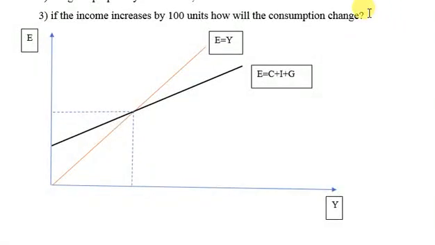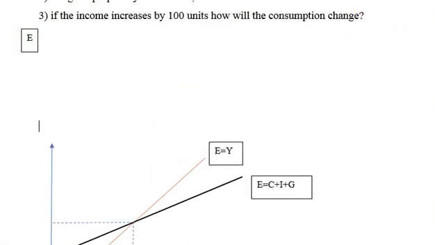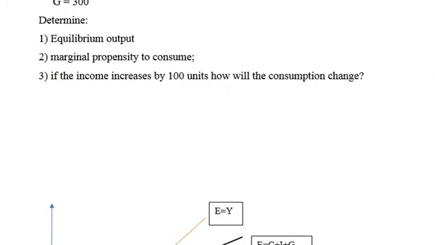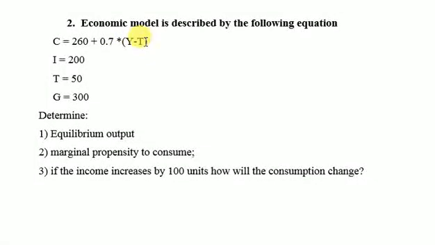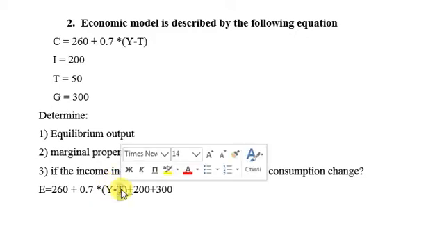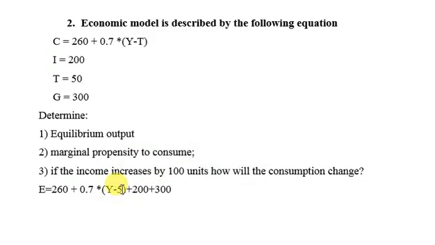So how do we solve it mathematically? Well, actually we add up all our planned expenditures together. Expenditures equal consumption plus investment plus government purchases, and instead of T we write our taxes, which is 50.